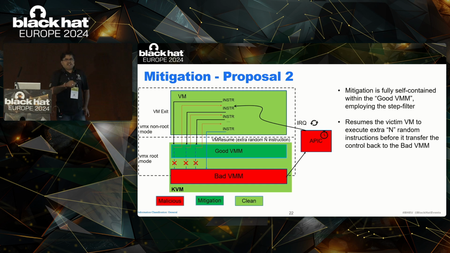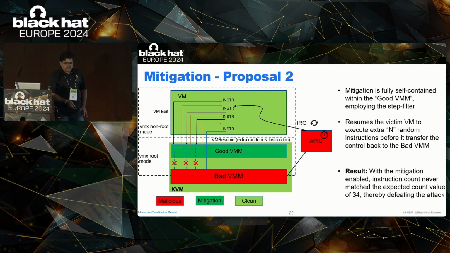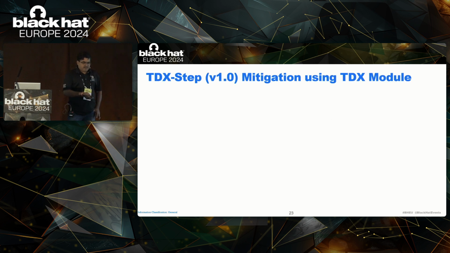But only after those N instructions, the good VMM will return the control back to the host, which is bad. That way, it is completely hiding the real instructions that were executed by the VM. And from the result, with this setup, the 34 instructions were never seen by the host VMM, thereby defeating the attack.